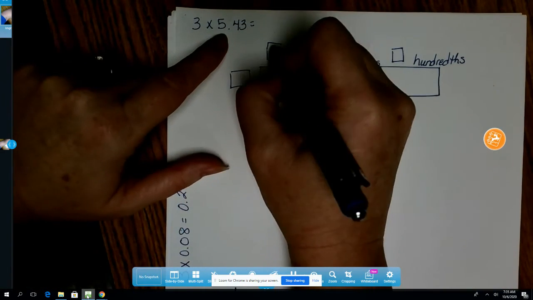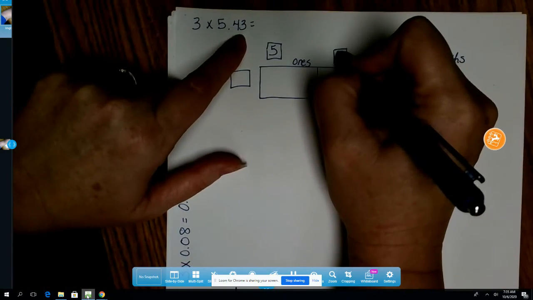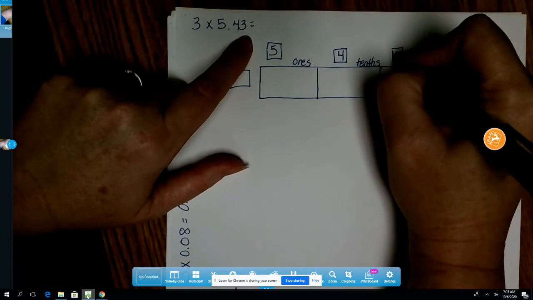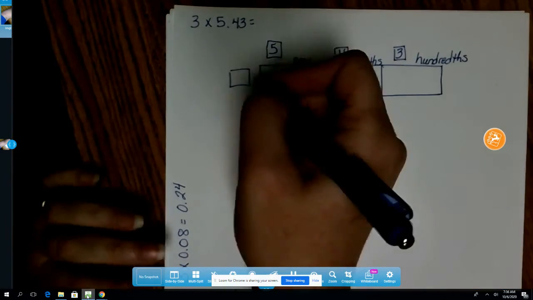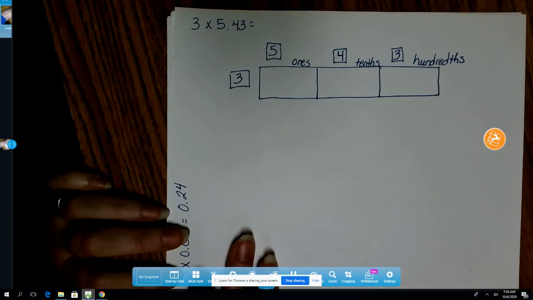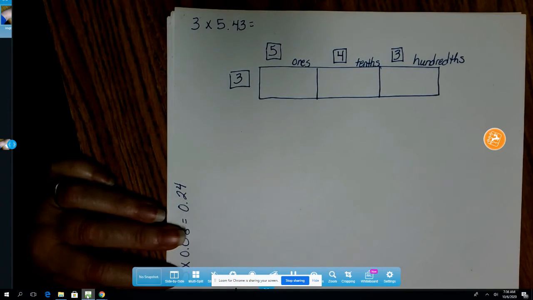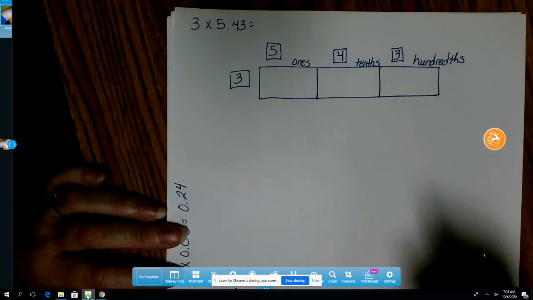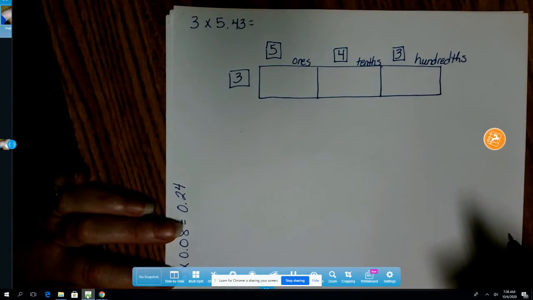I have 5 ones, 4 tenths, and 3 hundredths. And I'm multiplying that times 3. So on Zearn, they want you to show this using a model, and I'm going to use X's instead of dots. It doesn't really matter which you use.